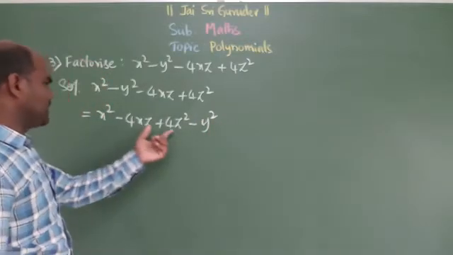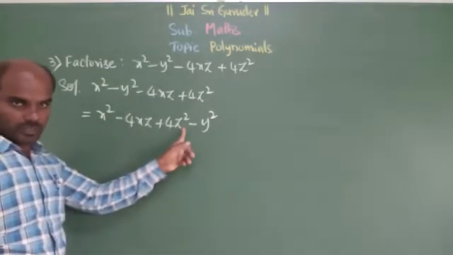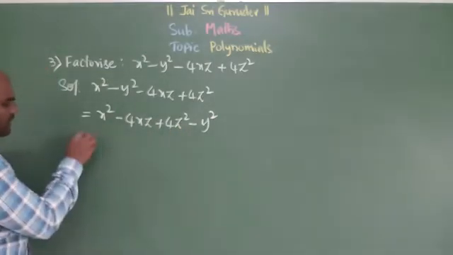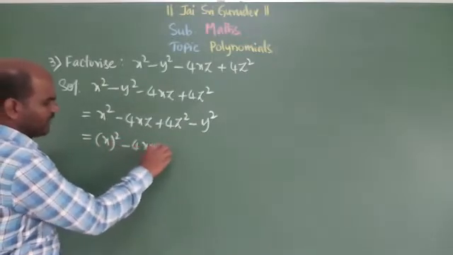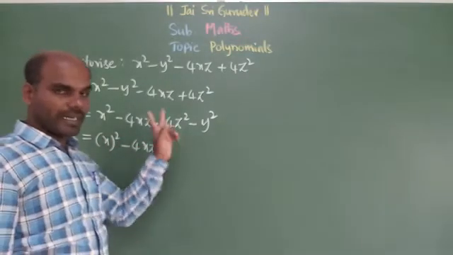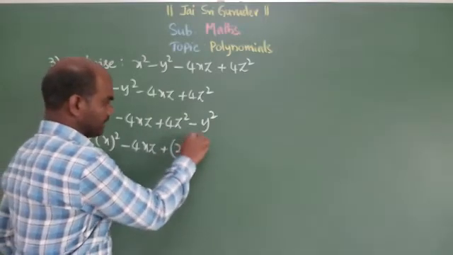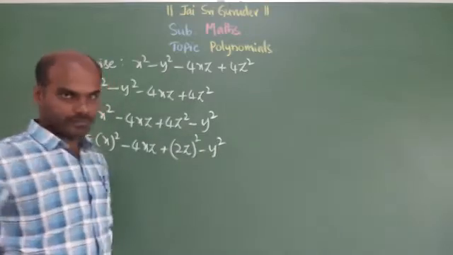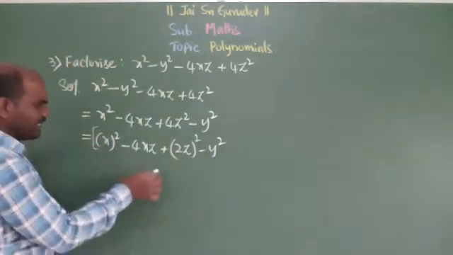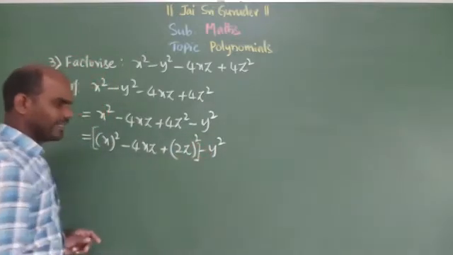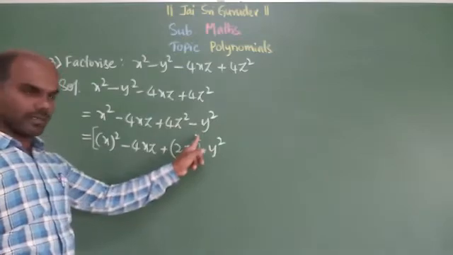Yes, now in this one, a square minus 2ab plus b square form is to be given. So based on this, x square minus 4xz plus 4z square, where 4 is written as 2 square, means 2z whole square, minus y square. Yes. So now while thinking about these three terms, we have the form a square, b square. Okay.